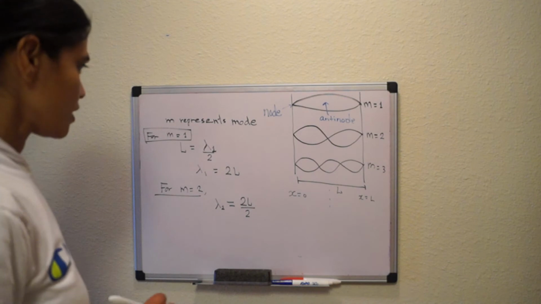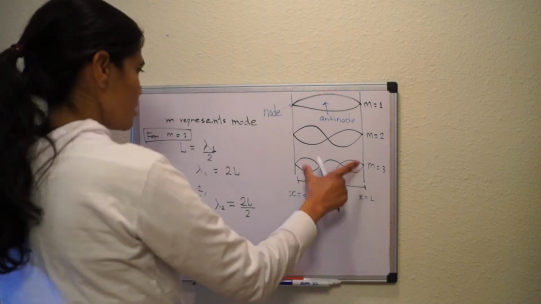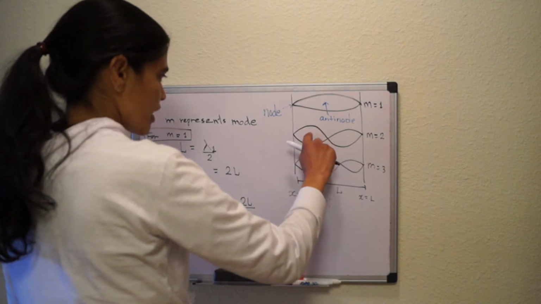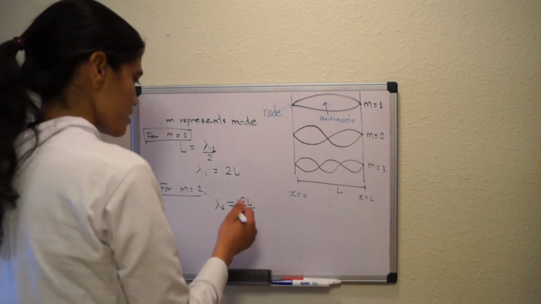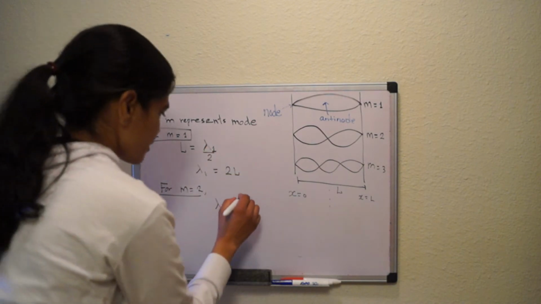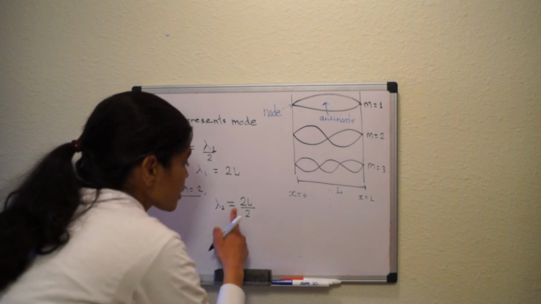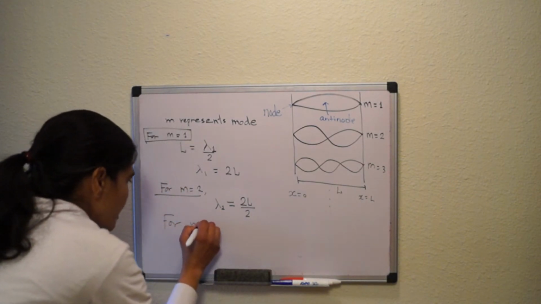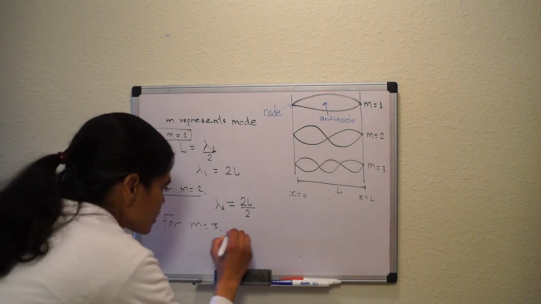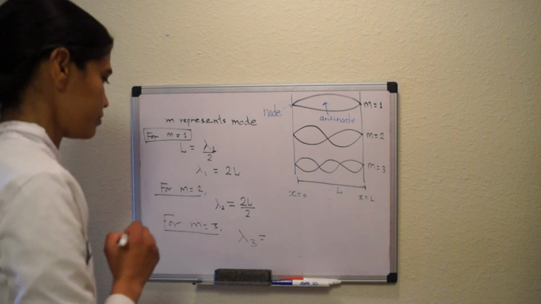Okay, can you see this length? This whole length has lambda divided by 2 plus lambda divided by 2. That should give us lambda, right? Basically, so 2 and 2 get cancelled here, so lambda 2 is really L. Okay, so for m equal to 3, lambda 3 equal to what?